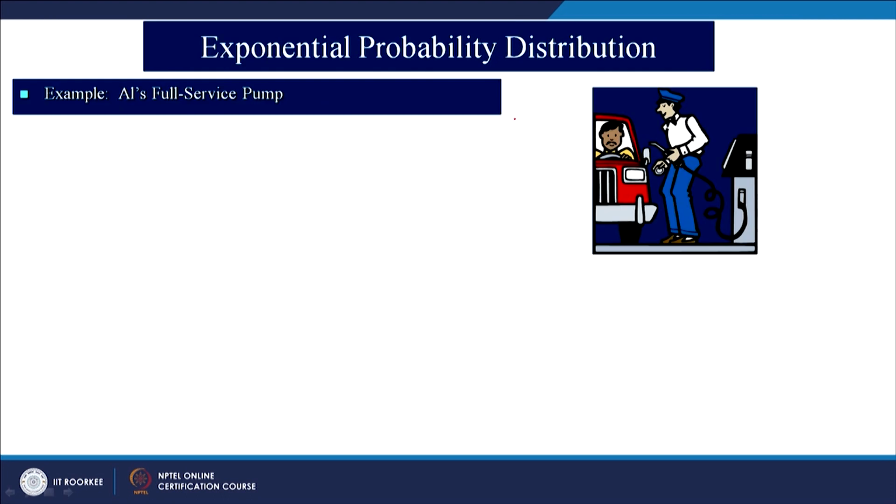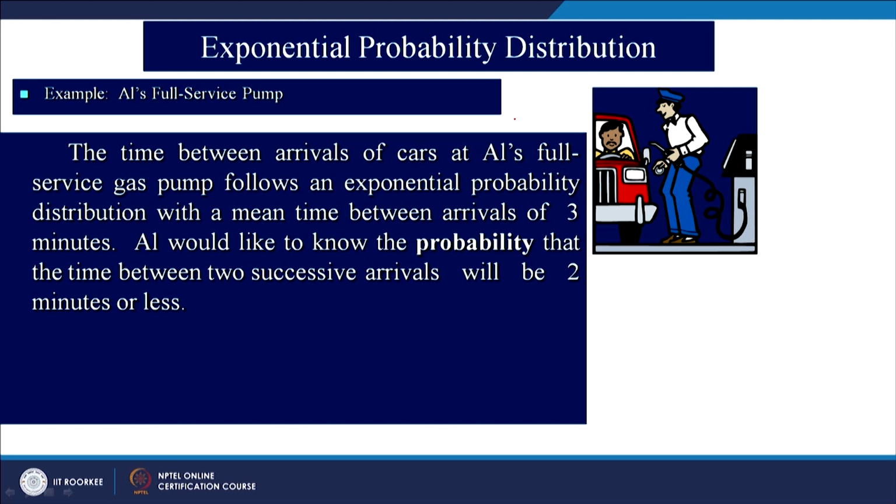Let us look at an example, a fuel service pump. The time between arrivals of cars at a petrol pump or gas pump follows an exponential probability distribution with a mean of 3 arrivals per minute. So, the number of vehicles coming at a fuel station is 3 per minute.